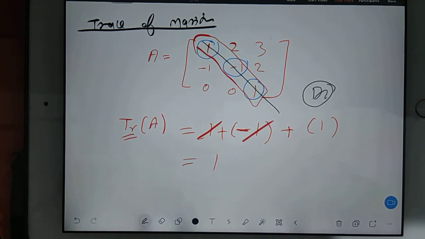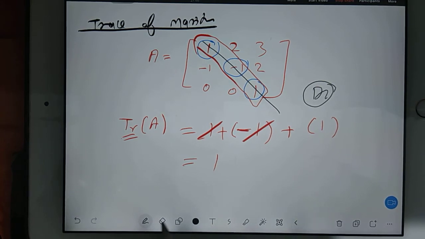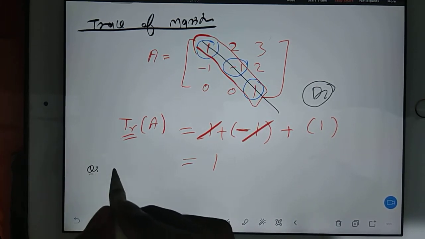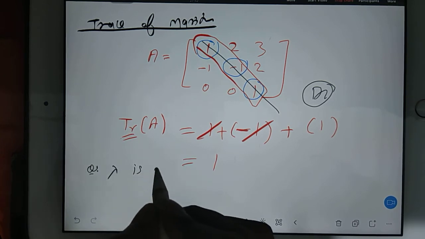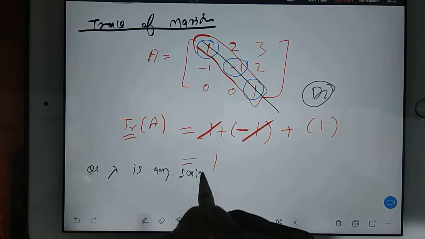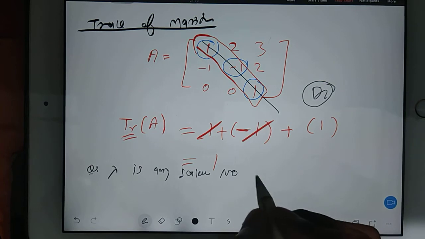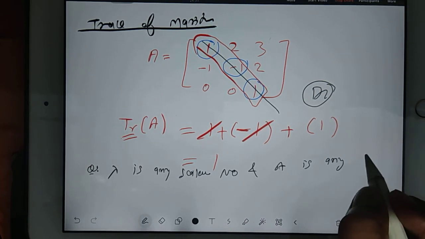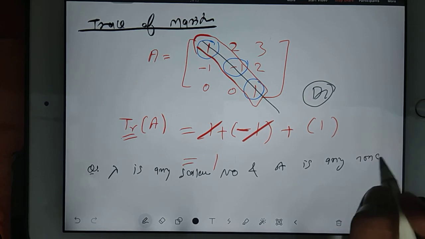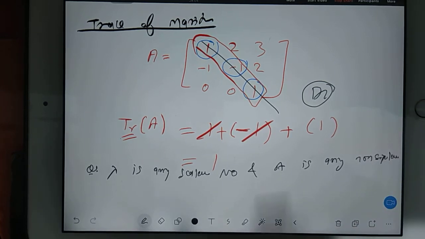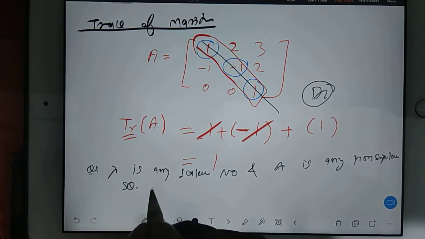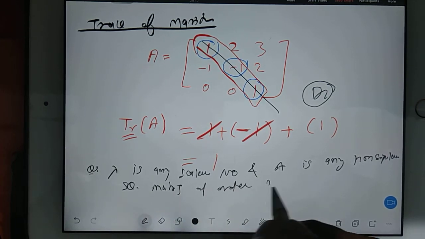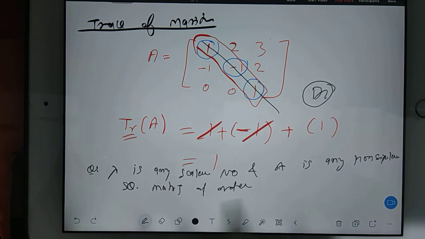Now I am framing a question based on trace of matrix. Question: lambda is any scalar number and A is any non-singular square matrix of order 3 by 3.